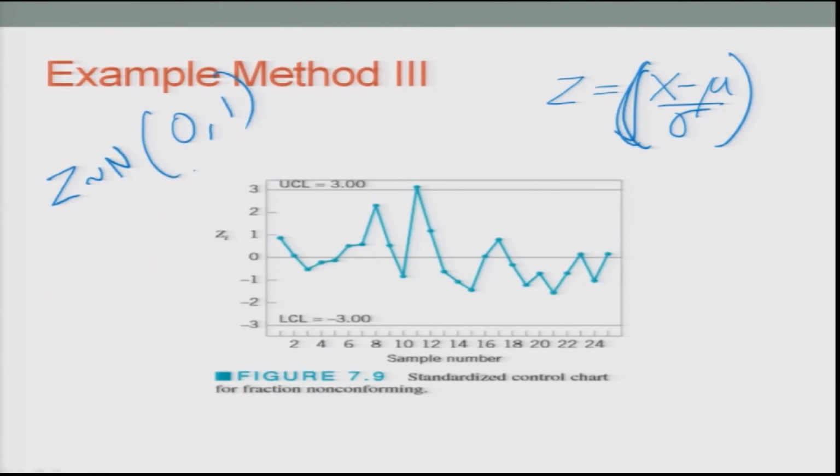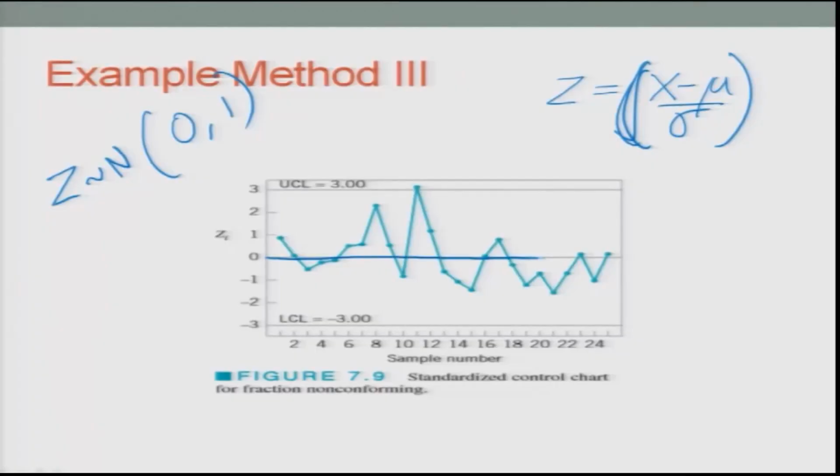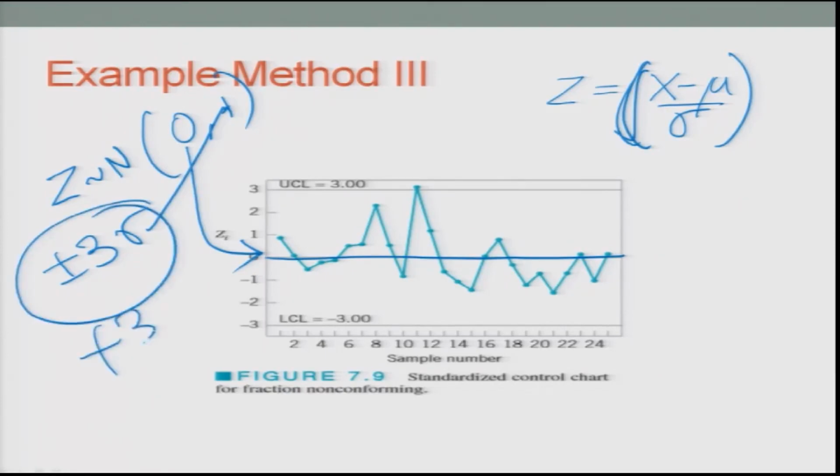So, with this information, if you go back to the figure shown, 7.9, the central line is 0 because this is the mean value, as we already know. If I consider plus minus 3 sigma, the sigma value is already 1, hence the upper control limit would be plus 3 as shown here, and the lower control limit will be minus 3 as shown here.